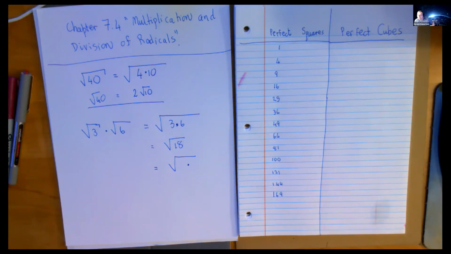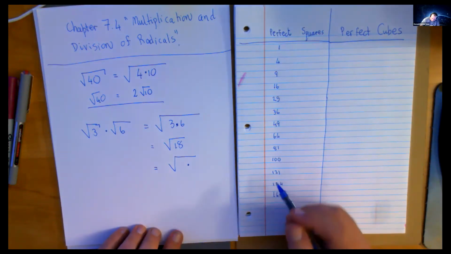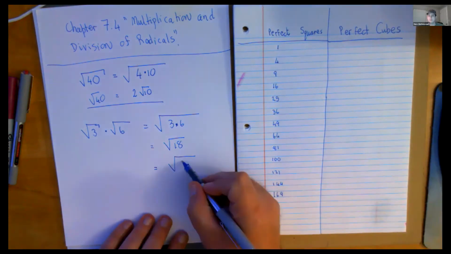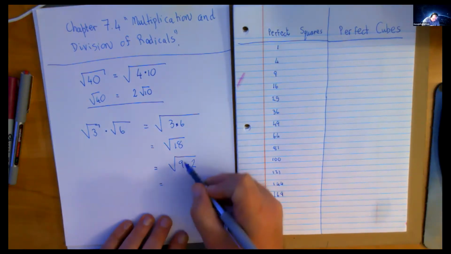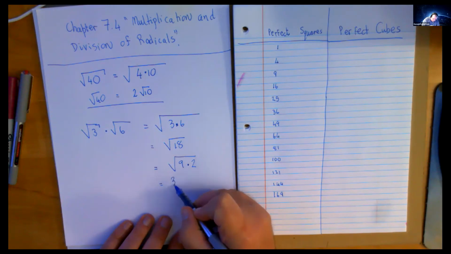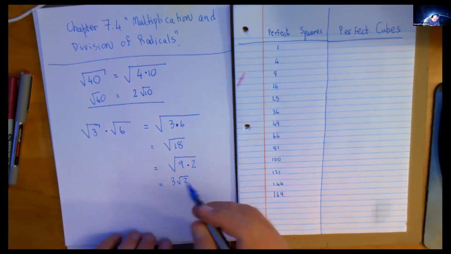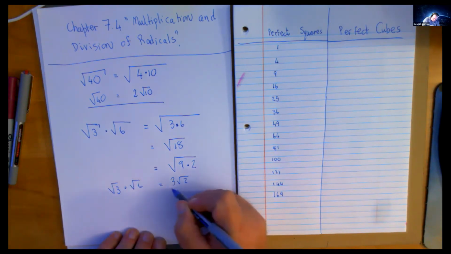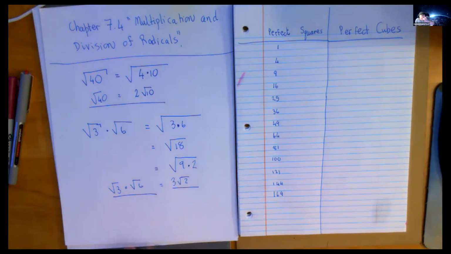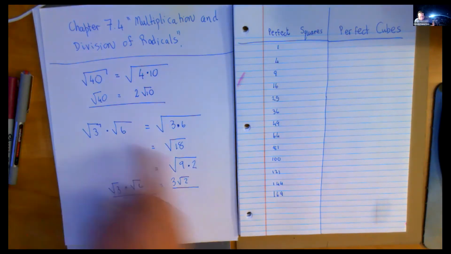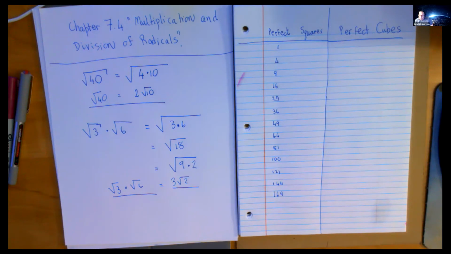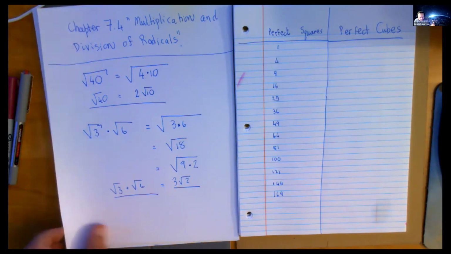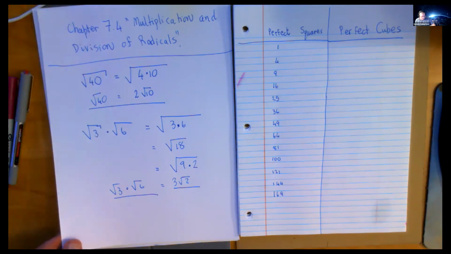How could you write 18? 9 and 2. Okay. And then that splits out as the square root of 9, which is 3, followed by a square root of 2, which tells us that if we wanted to simplify this multiplication, that's what you would get. We'll be doing that a fair amount in 7.4. Now, it all seems familiar, the usual kind of process of how you simplify and multiply different radicals.